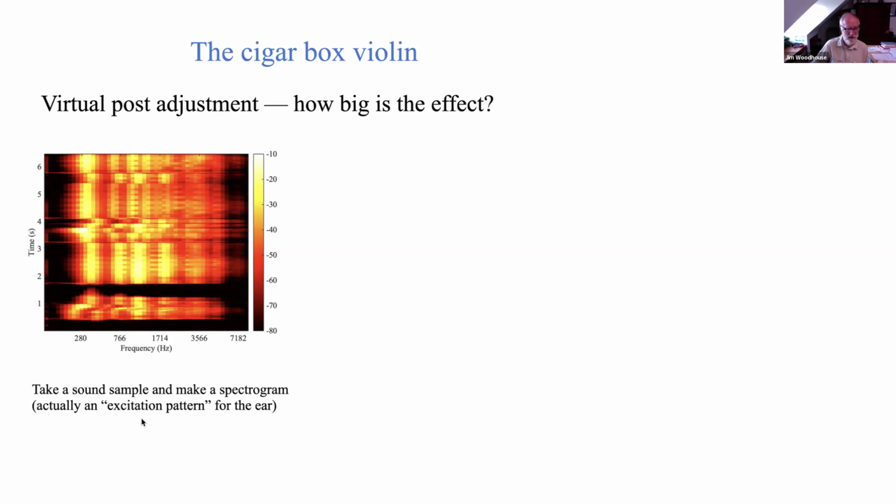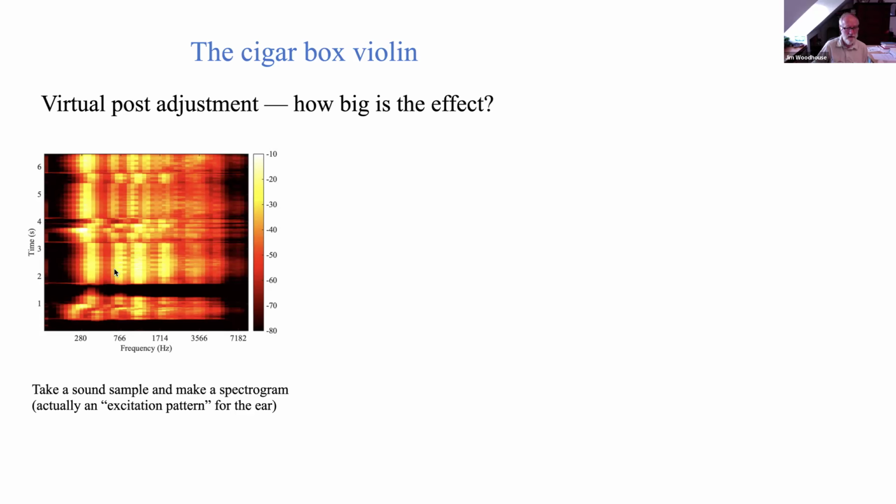So it's something like an excitation pattern on your basilar membrane, a kind of perceptually relevant spectrogram. I always plot them this way around with frequency on the horizontal and time on the vertical. And it's the same snatch of Tchaikovsky that you heard earlier.